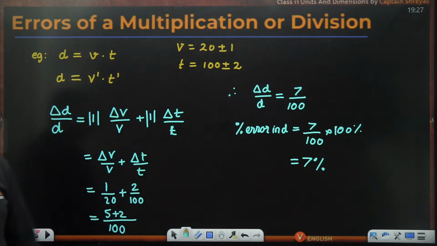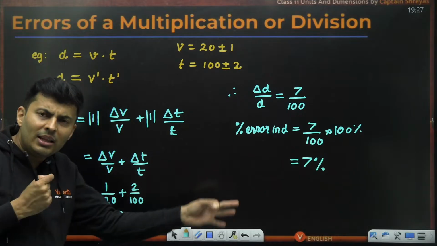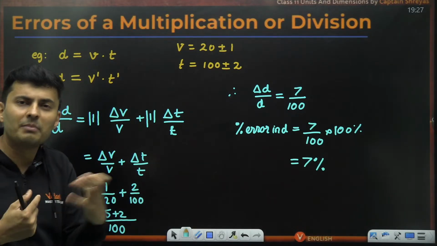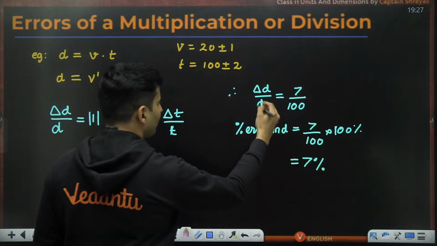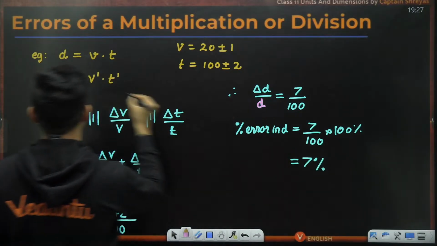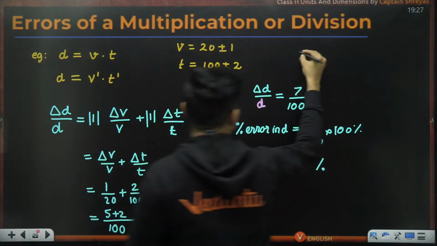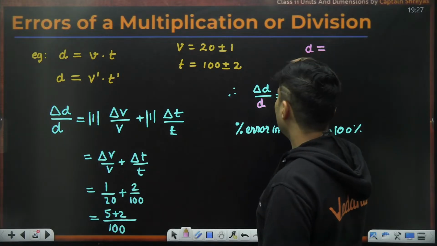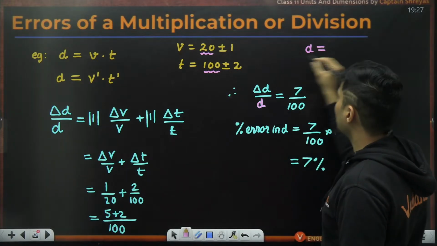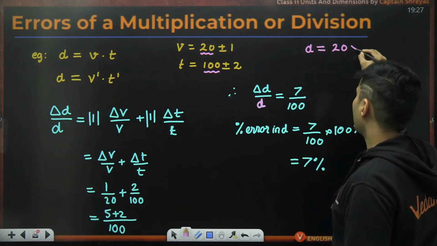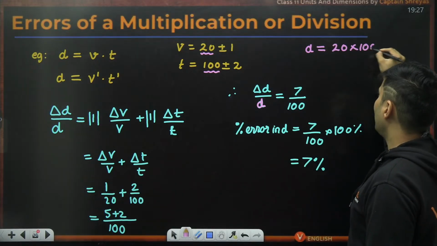Is that clear? But sir, what will the final distance be like if you put it in plus minus something? Well, that we can also do. Just see this. If you talk about this d over here, that d is v into t, that is velocity multiplied by time. Velocity is most probably 20, time most probably is 100.